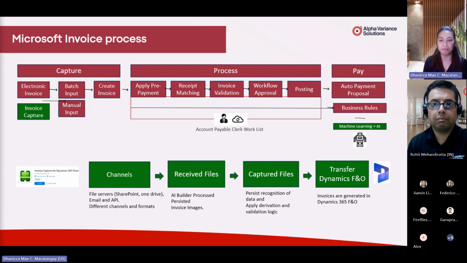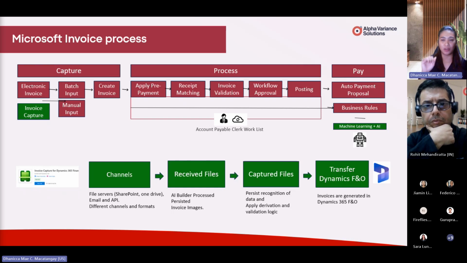For example, let's say we have invoices that are handwritten, or have parts that are handwritten. How can we train the invoice capture application to get those handwritten details, if the data is necessary for us to process the invoice?